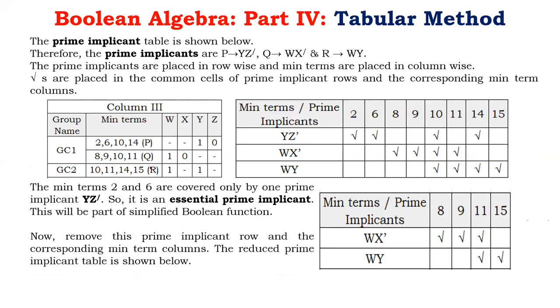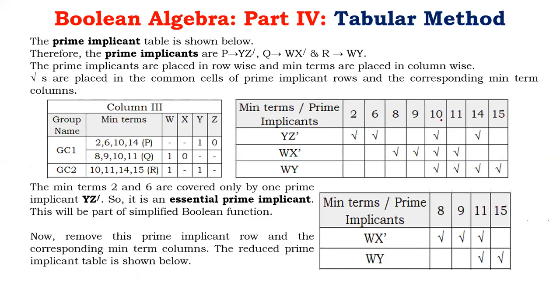Here we have these three prime implicants. I already mentioned in the second slide that the prime implicants are written in the rows, that is P, Q and R, and the min terms are written in the columns.